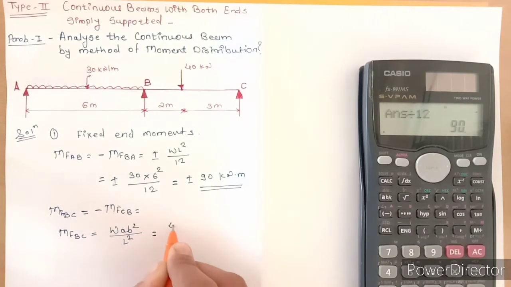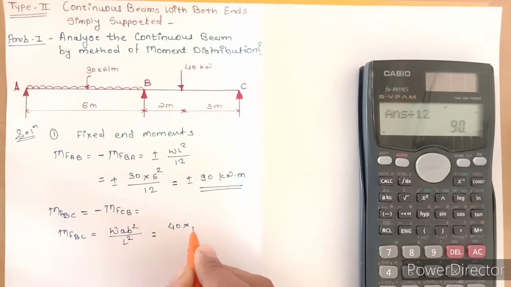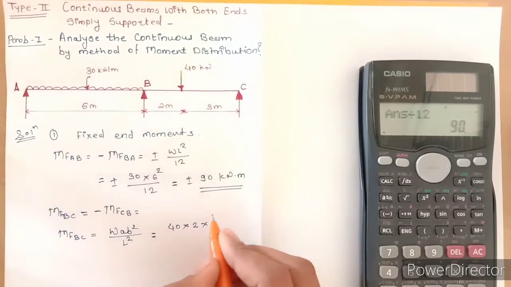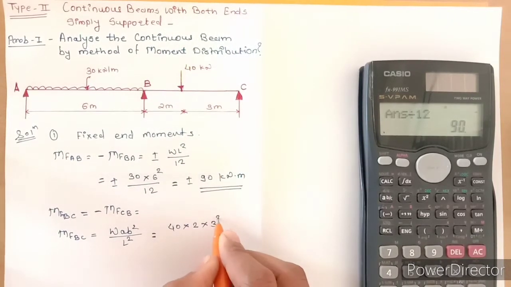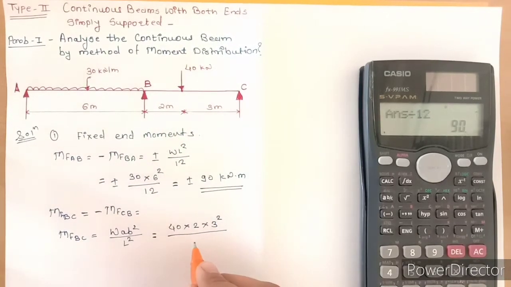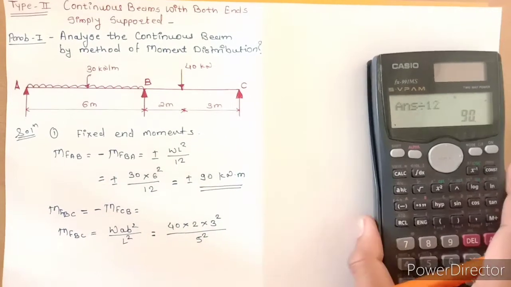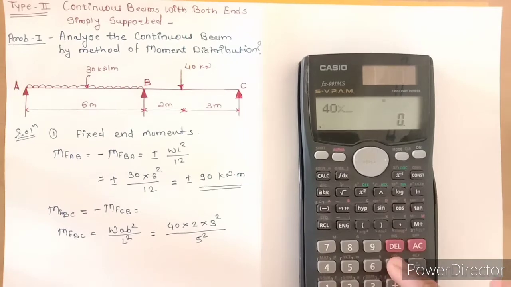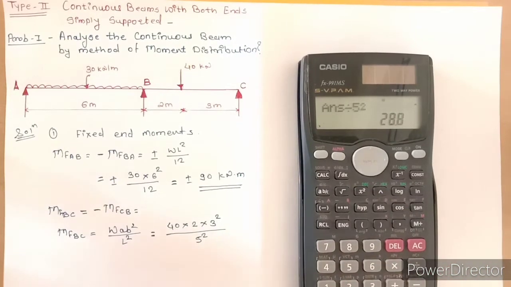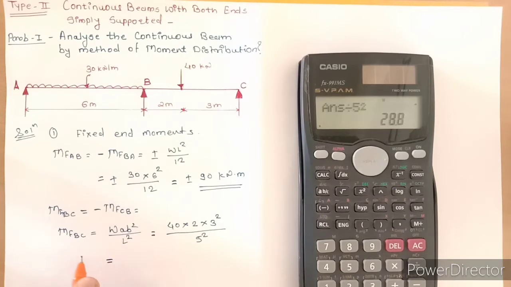Here W is 40, multiplied by A, the first length, 2 meter, multiplied by the second length B, 3, square, divided by the total length, 3 plus 2, which is 5 square. So 40 multiplied by 2 multiplied by 3 square divided by 5 square is 28.8. That means the fixed end moment for member BC is 28.8 kilonewton meter.